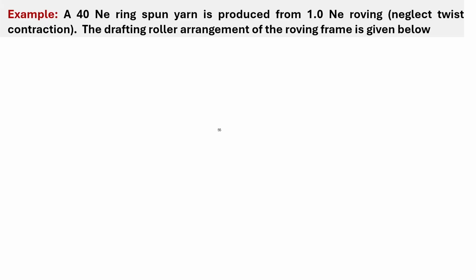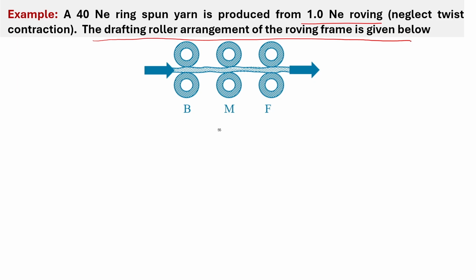Now, let us try to do some numerical. Here a 40 Ne ring spun yarn is produced from 1 Ne roving. Neglect twist; the drafting roller arrangement in the roving is given in this fashion.